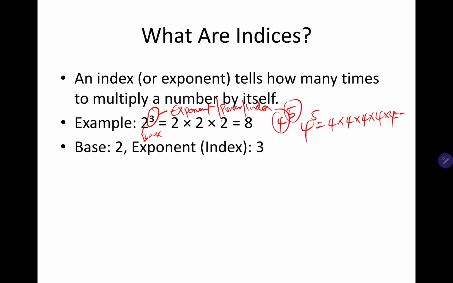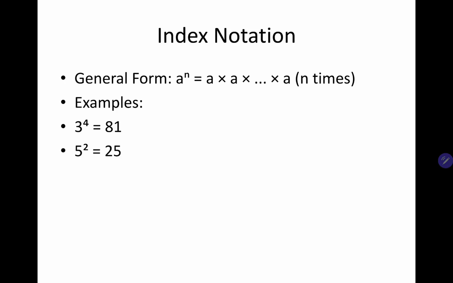We move on. The general form of an index is a raised to the power n. If you do not like this notation, you could also use x raised to the power a. It's the same thing, depending on the notation you are conversant with.